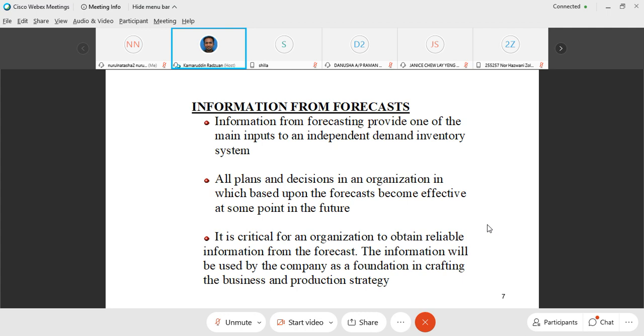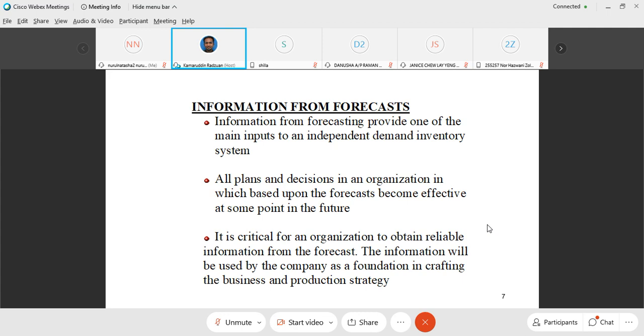Jadi kita tengok di situ peranan forecast ni sangat penting kan, sangat kritikal kepada organisasi sebab organisasi akan bergantung pada maklumat forecast tersebut untuk membangunkan ataupun membentuk dia punya strategi-strategi perniagaan kan. Forecast bukan hanya kita gunakan untuk forecast permintaan daripada customer.